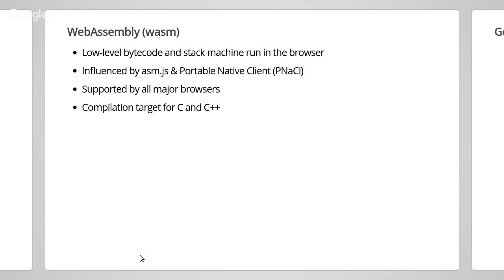One part that is a little bit lacking yet is interacting with the DOM. Currently, you write a function that you compile to WebAssembly, and you export this function, and you have your separate JavaScript code that imports this.